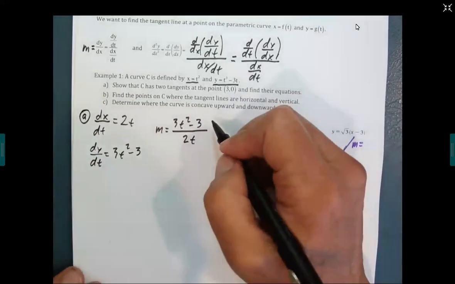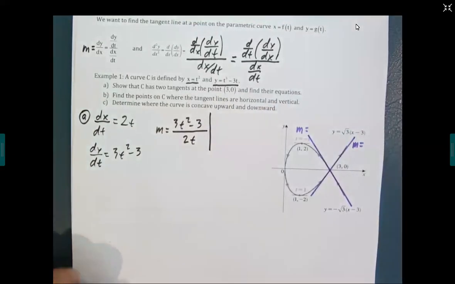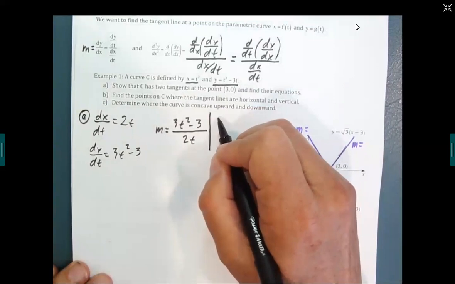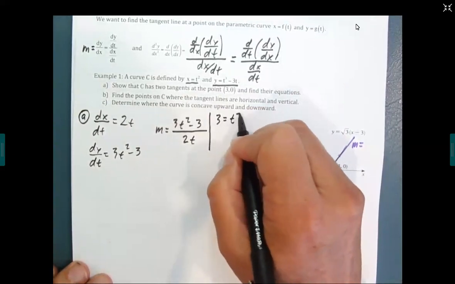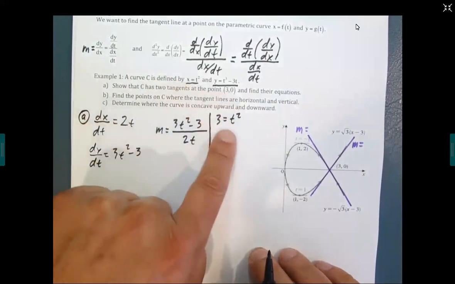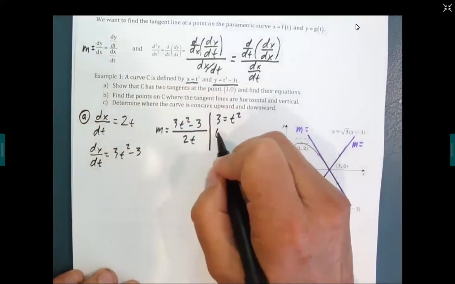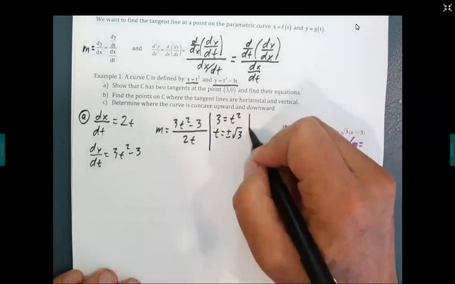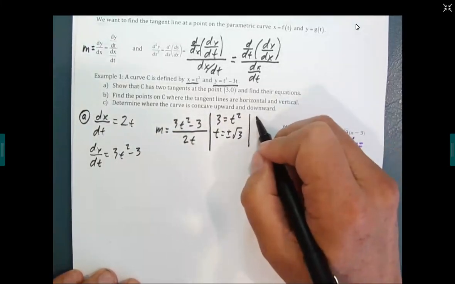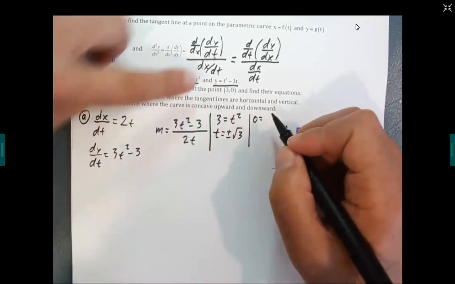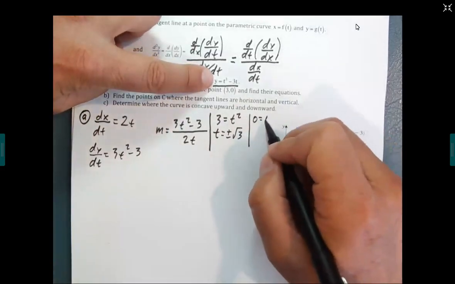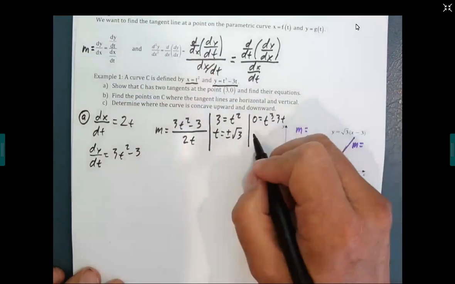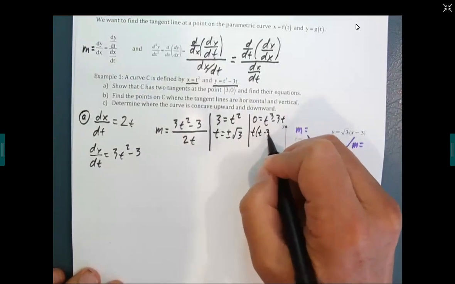What we're going to need to do is get some t values here. Well, I know when x equals 3, replacing the x with a 3, I get here, and this gives me that t is equal to plus or minus the square root of 3. Now when y equals 0, plugging it in, we get 0 equals t cubed minus 3t, which means t squared minus 3 equals 0.